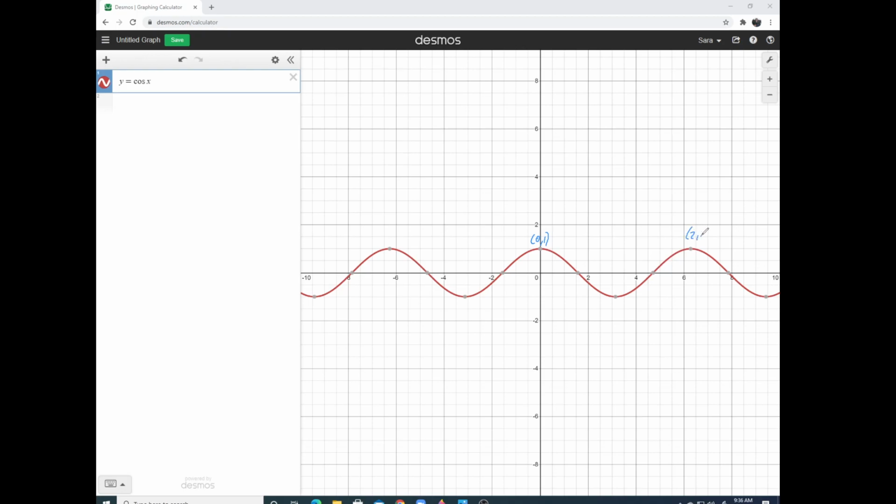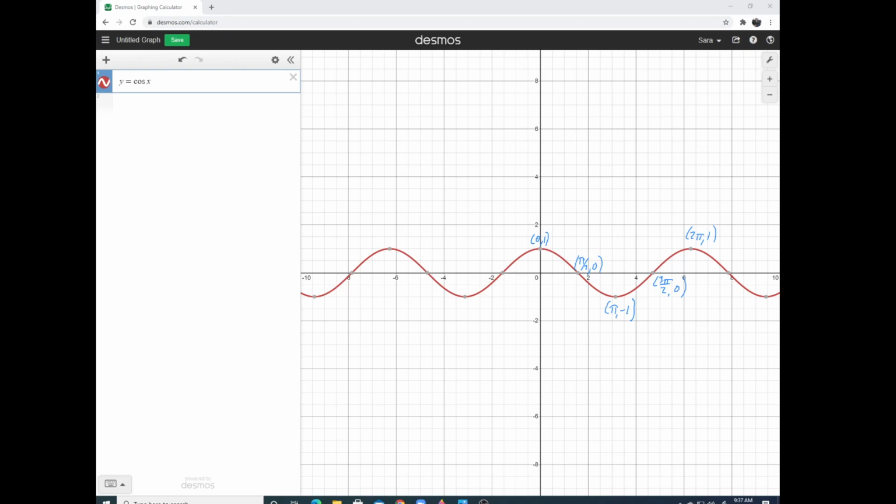This would be 2 pi comma 1. This point is going to be pi comma negative 1. And then this would be pi over 2 comma 0, and 3 pi over 2 comma 0. So I'm going to need to take those points and switch the x's and the y's to get what I'm looking for.